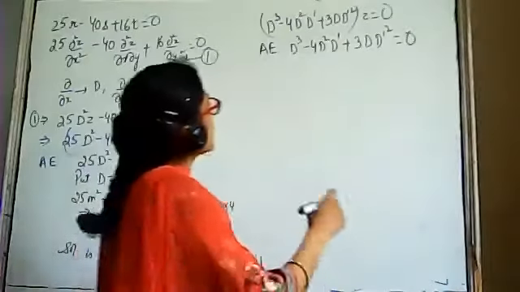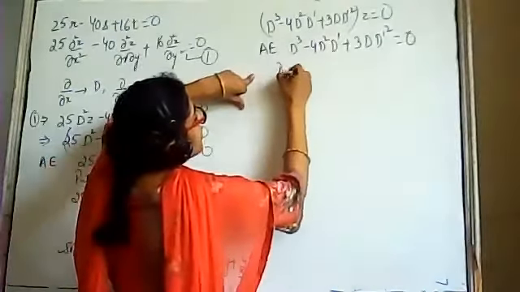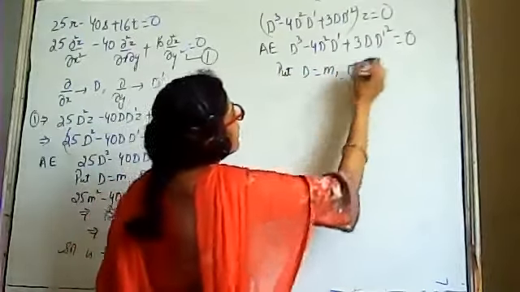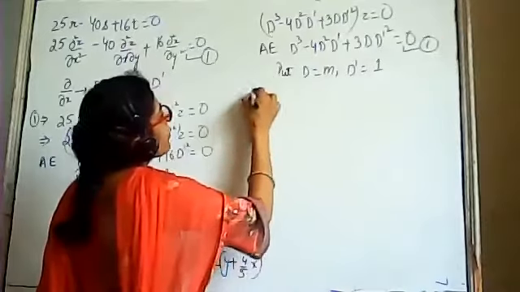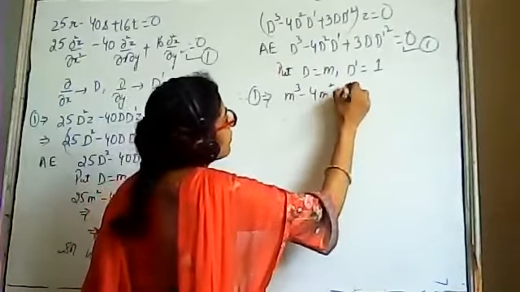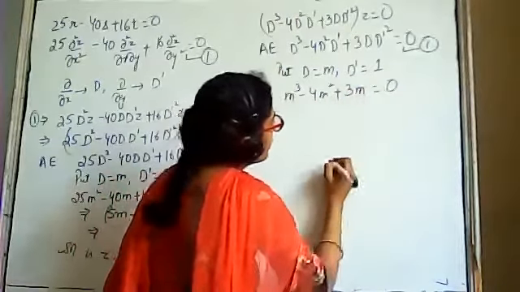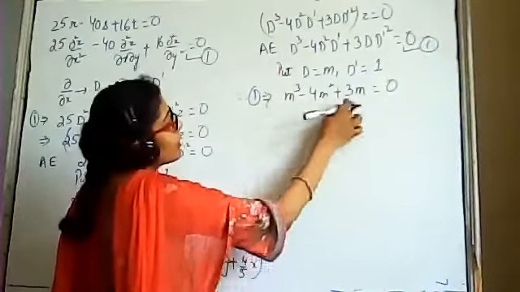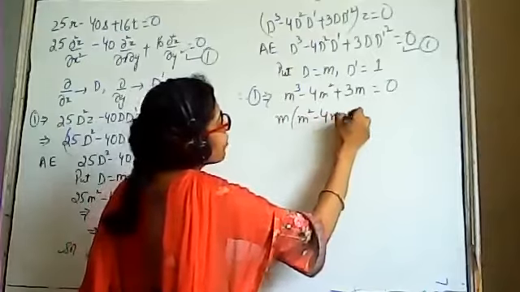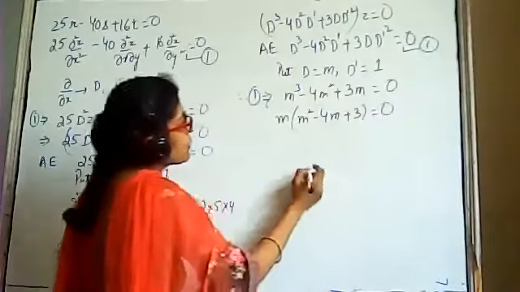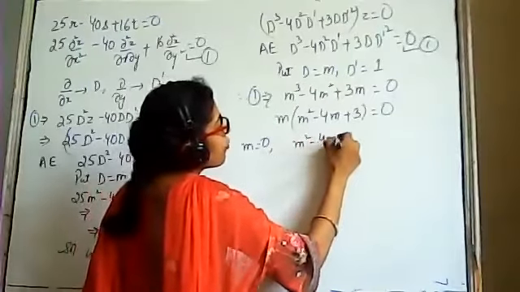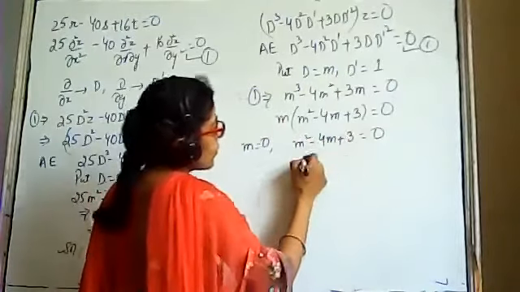After that, substituting D = m and D' = 1, equation number 1 implies m³ - 4m² + 3m = 0. m can be taken common from this equation. It will be m(m² - 4m + 3) = 0. So from this, either m = 0 or m² - 4m + 3 = 0.